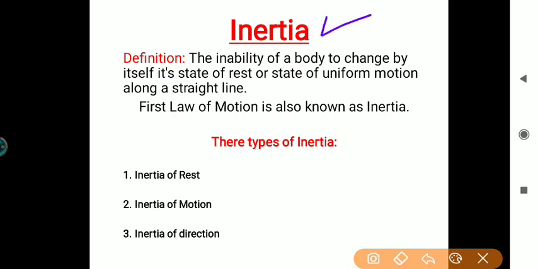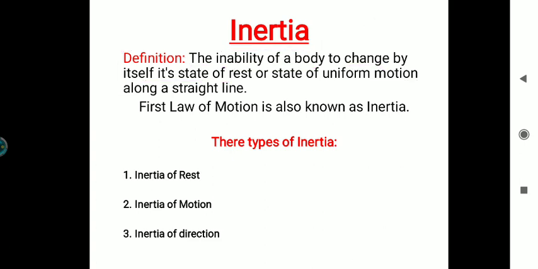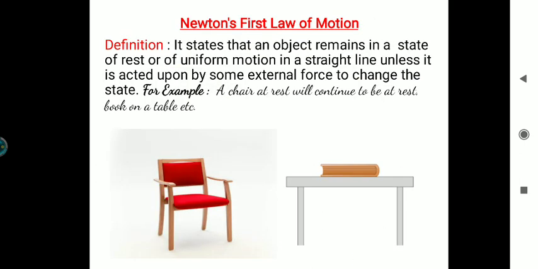Next is inertia. This is the definition of inertia. According to the definition, it is the inability of a body to change by itself its state of rest or state of uniform motion, like in the first law of motion.